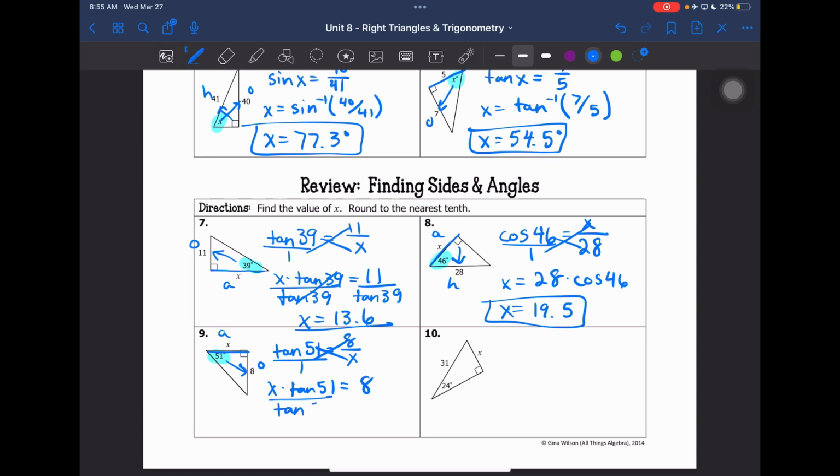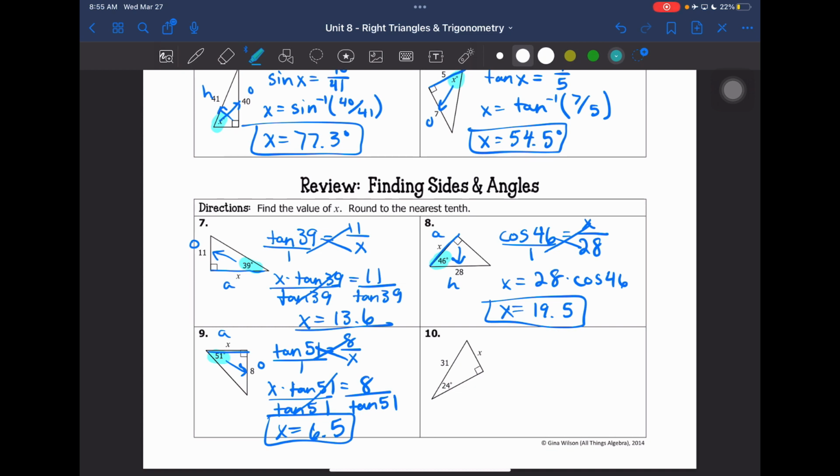Then I take tangent of 51 and divide that. So 8 divided by tangent of 51 is going to be 6.5. And because we're finding side lengths right now, we don't need to put the degree symbol after it. You only need the degree symbol if you're finding a missing angle.